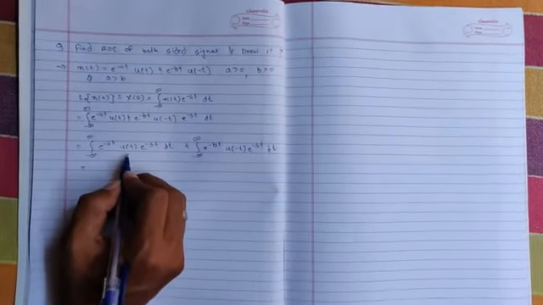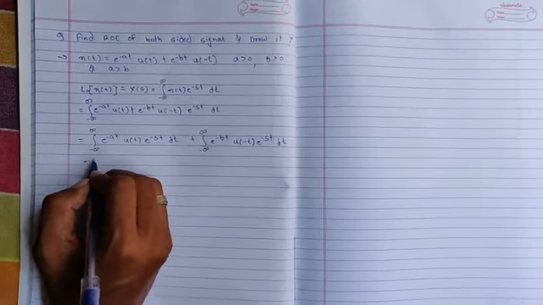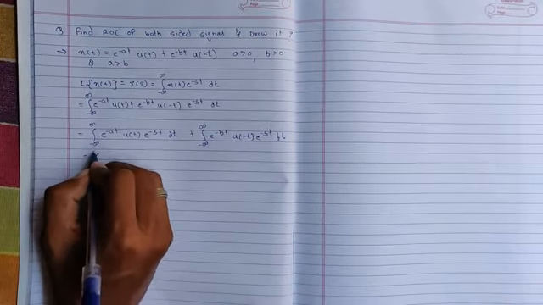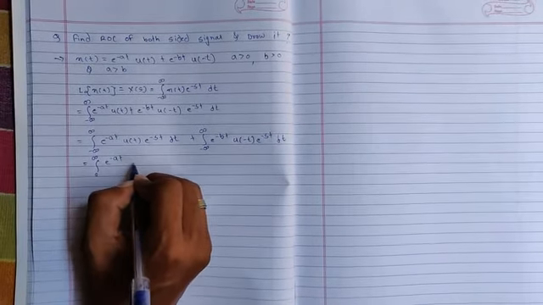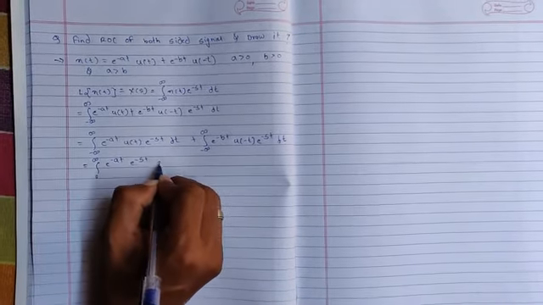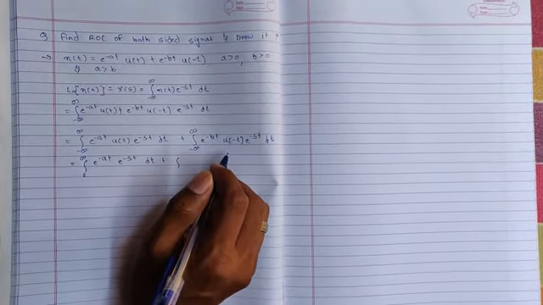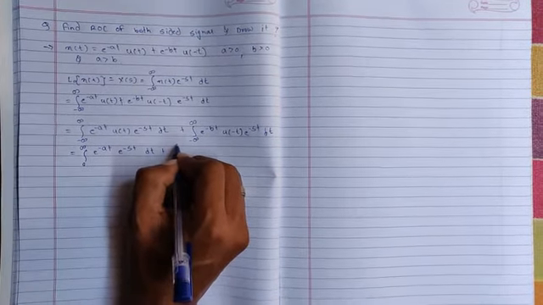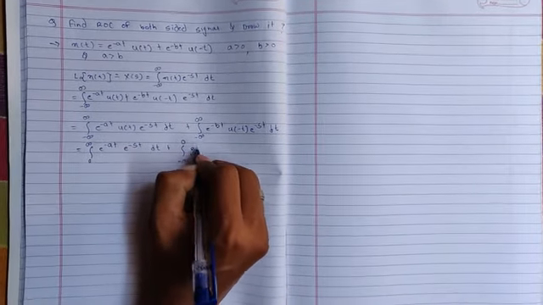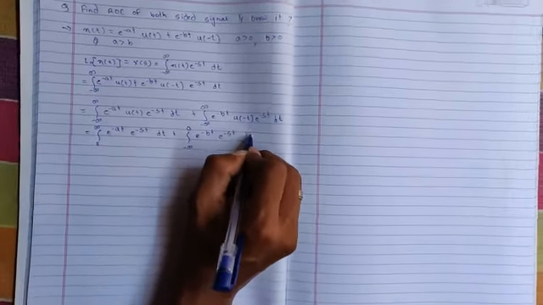Now we know that u of t's value is 1 whenever the integration limits are from 0 to infinity. Therefore, from 0 to infinity, e raised to minus at, with u of t equal to 1, times e raised to minus st dt, plus, since u of minus t's value is 1 whenever the integration limit is from minus infinity to 0, e raised to minus bt e raised to minus st dt.